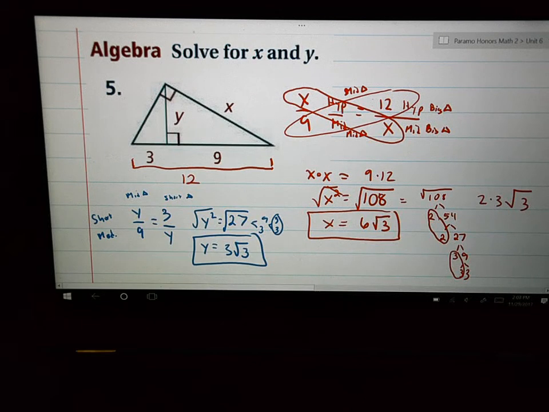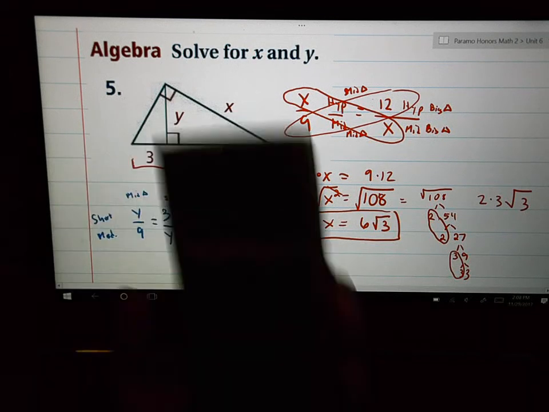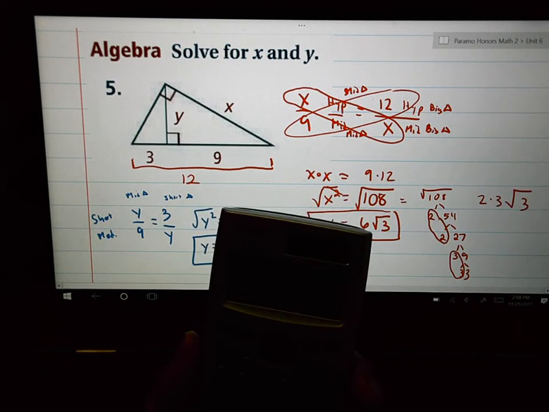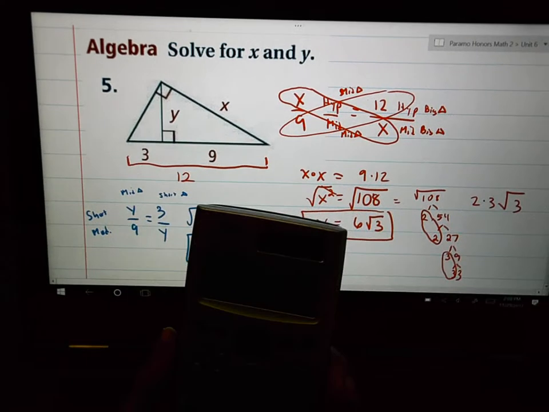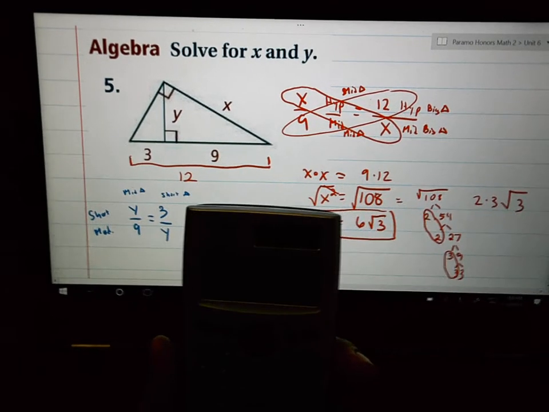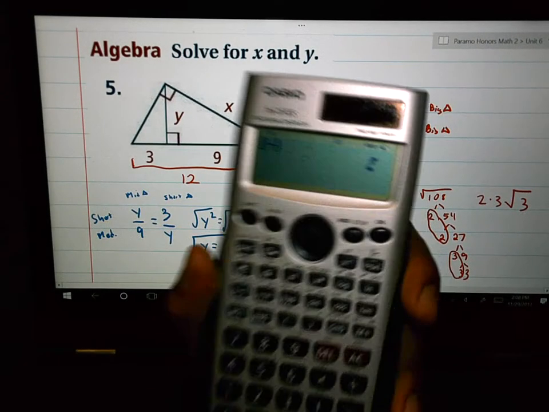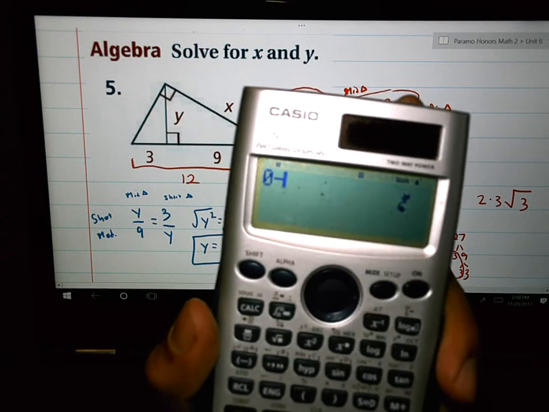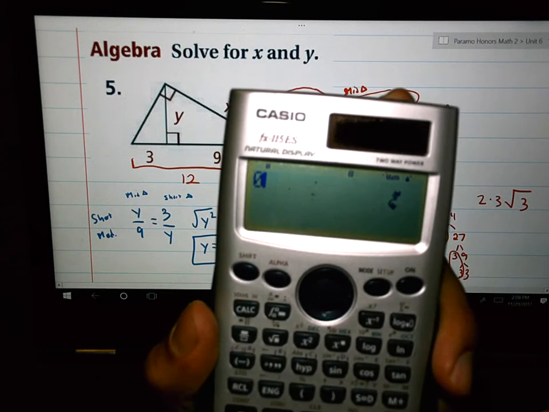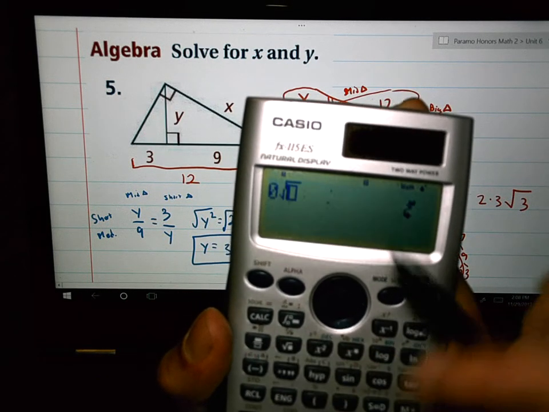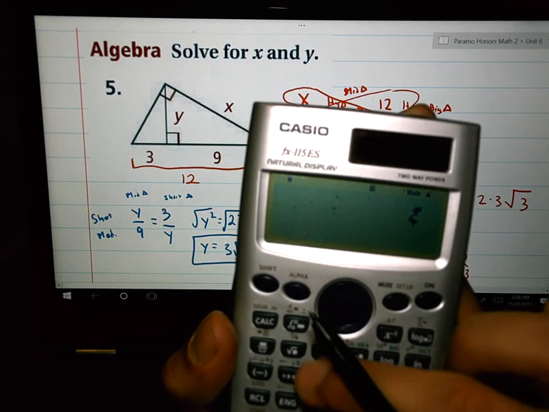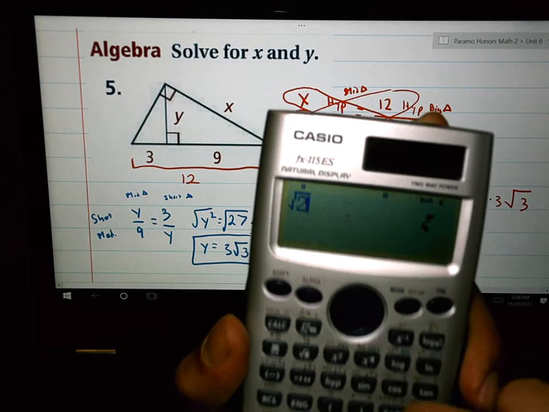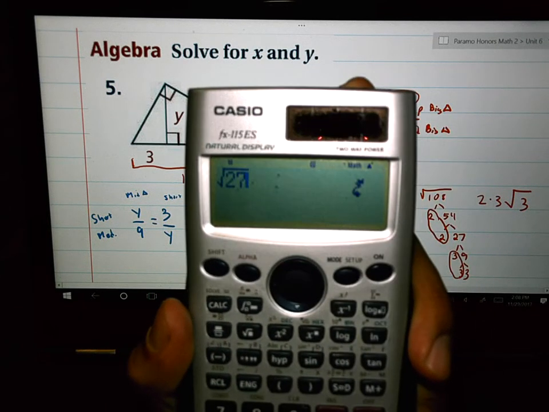For those of you who also don't know, the calculators that I have in the classroom have a square root feature that you can use here as well. So if you want to double check, clear that out, square root of 27, and type enter.